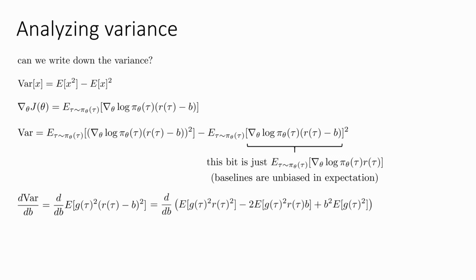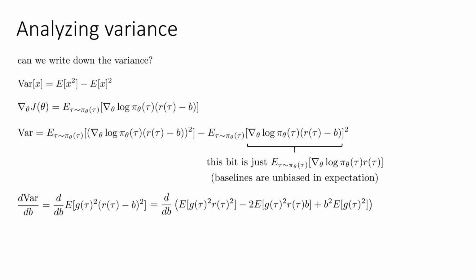When I distribute the square, I of course get 3 terms. So I have d/db of the expectation of g squared r squared, minus 2 times the expectation of g squared r b, plus b squared times the expectation of g squared. You have one number minus another number squared, distribute the square, and you get 3 terms.